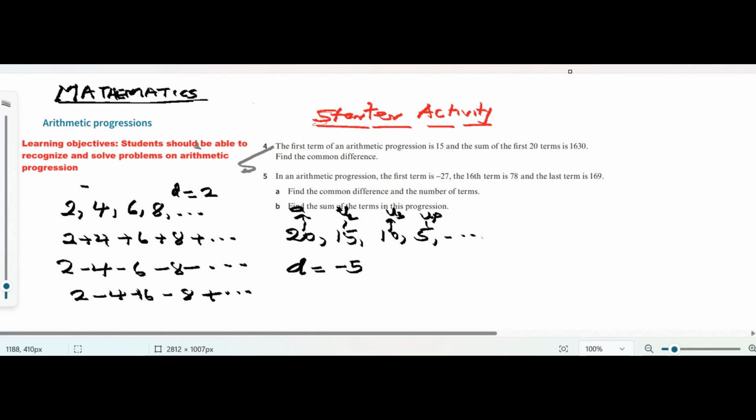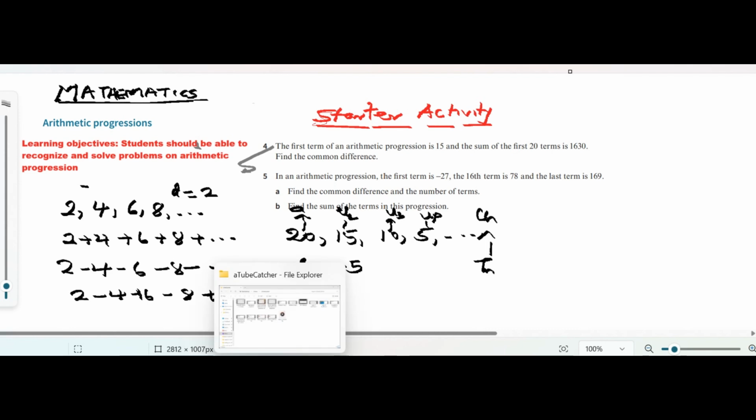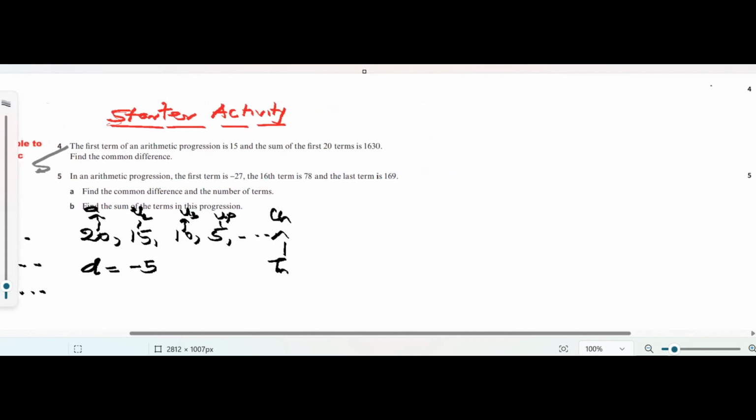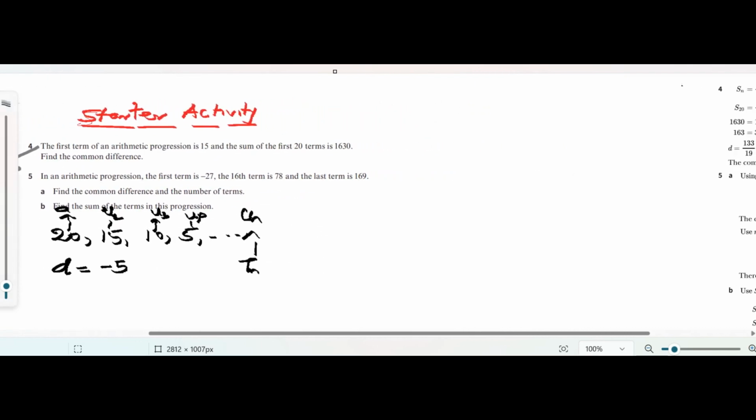And the nth term will be tagged UN, or TN. So the first takeaway here is any sequence with a common difference can be recognized as arithmetic progression.